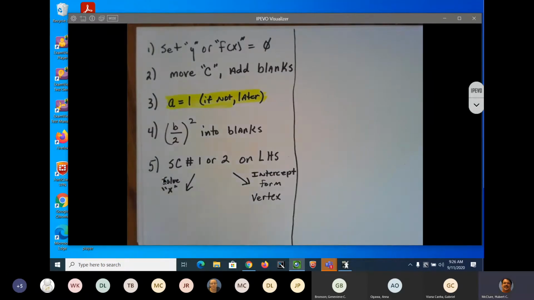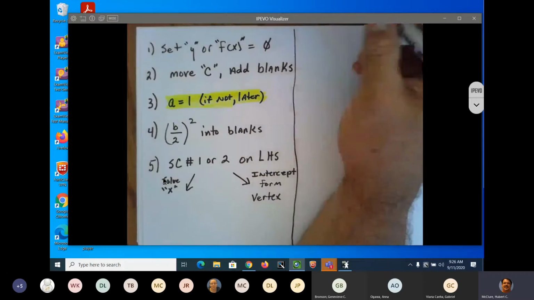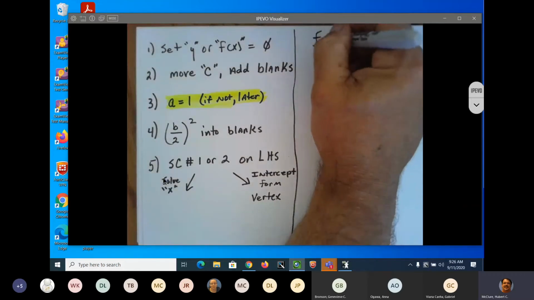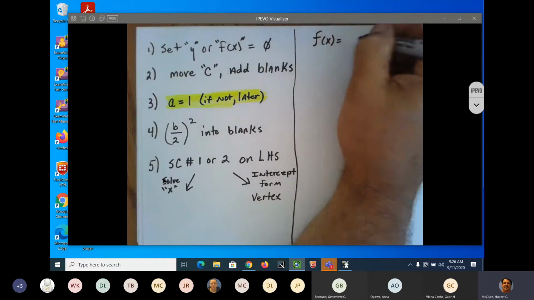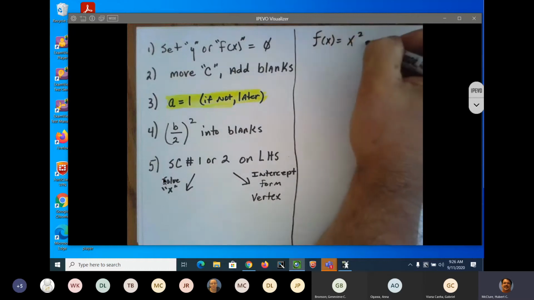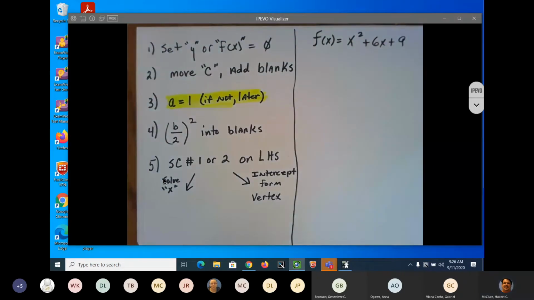So I give you a problem, and that problem is f of x is equal to x squared plus 6x plus 9. All right, so I give you that.